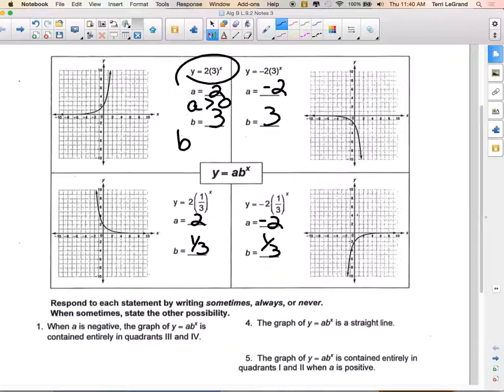Remember, the B value is either between 0 and 1 because it can't be 1, or it's greater than 1. Which one is it? Greater than 1. Here, A is what? Less than 0. How about the B value? Greater than 1.